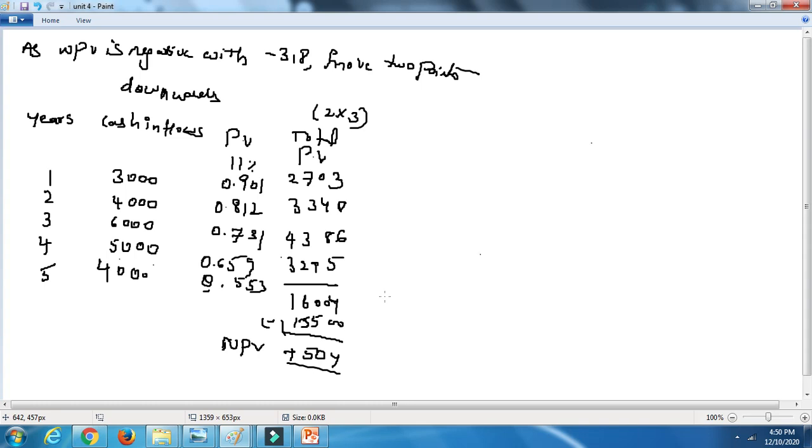So now you are going to calculate the IRR directly. So this is the lower interest rate, no? This is PVLR because it's a lower interest rate, 11 it is.